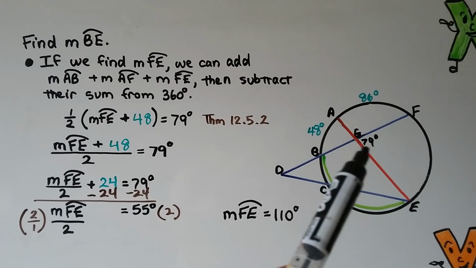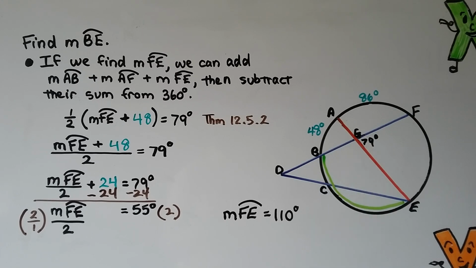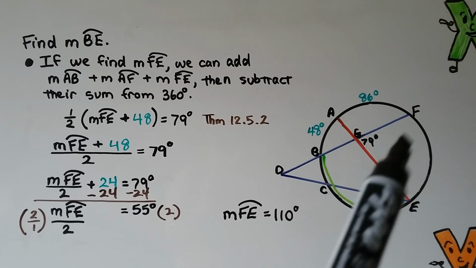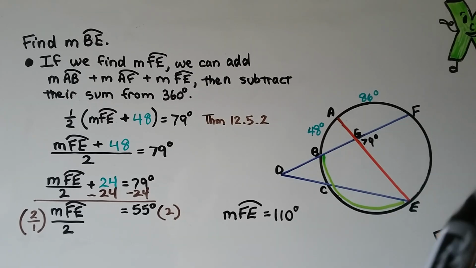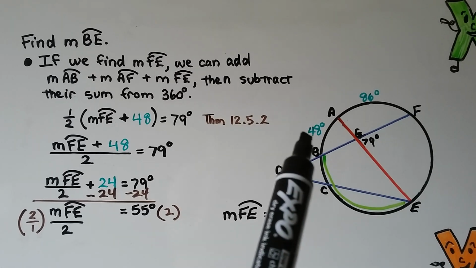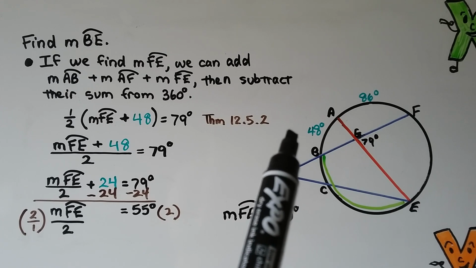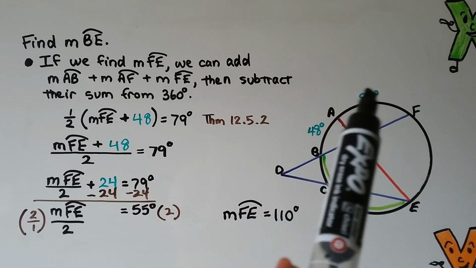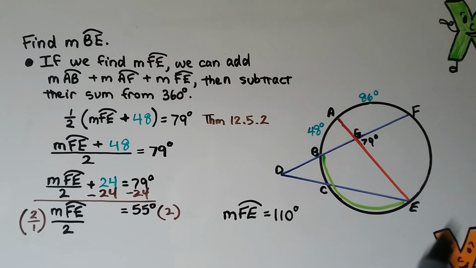We can see we've got FGE angle right here is 79 degrees. Well, if we find the measure of FE, this one right here, we can add arc AB, the 48, plus AF, the 86, plus whatever that is, and it'll make a 360-degree circle. We can subtract their sum from the 360.